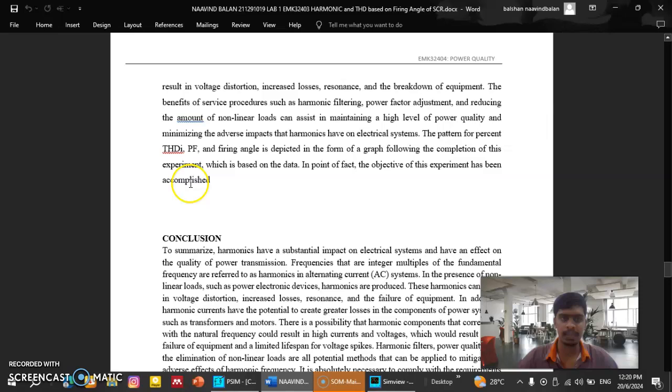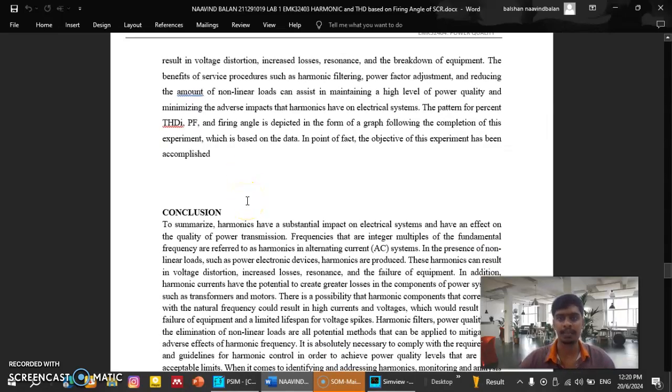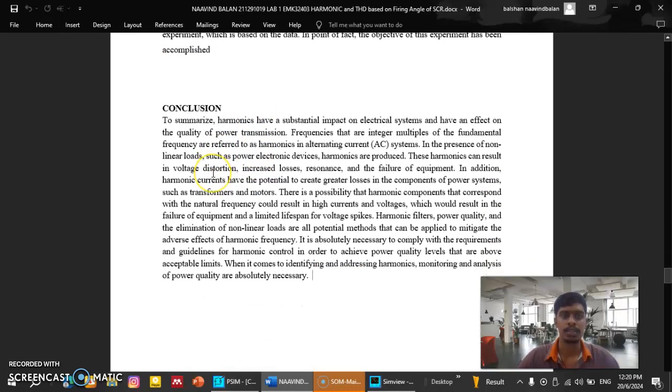So in this experiment, the THD, power factor and firing angle results are shown in the graphs, completing the experiment that I have done, and the objective of the experiment has been accomplished. To summarize, harmonics have a substantial impact on electrical systems and affect the quality of transmission.